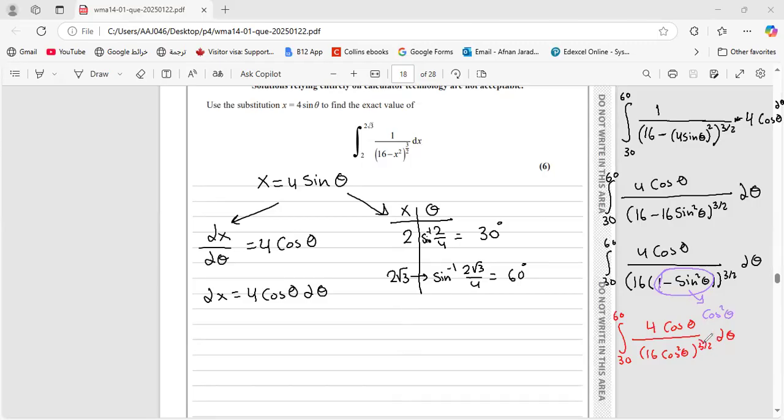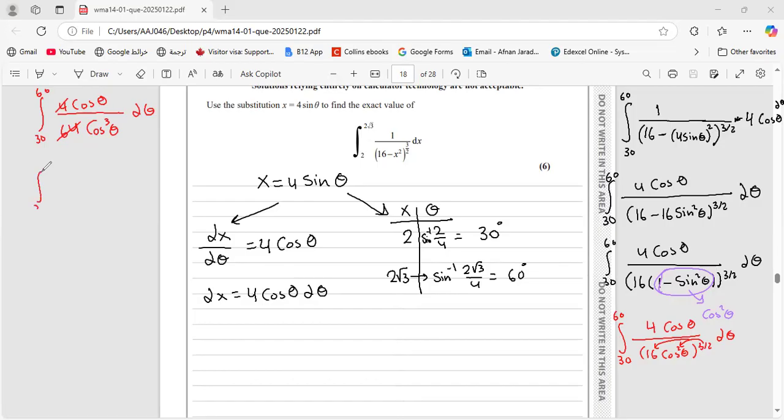3 over 2 is the power of cosine, and 16. So the integration from 30 to 60 of 4 cosine theta over 16 to the power of 3 over 2, which equals 64, and cosine to the power of 2 to the power of 3 over 2, which equals cosine to the power of 3 theta d theta. 4 and 64 give 1 over 16.